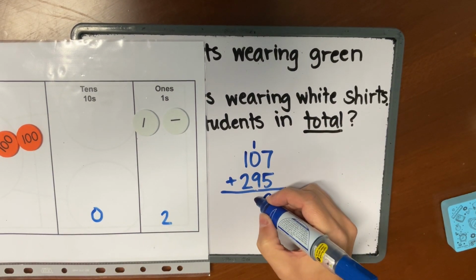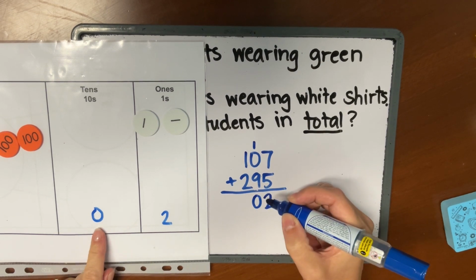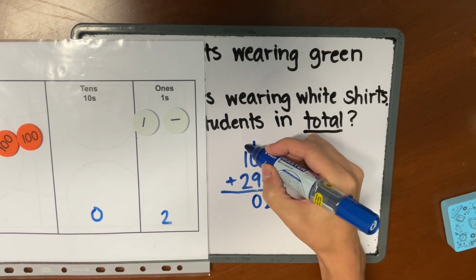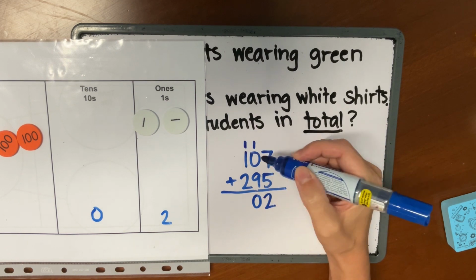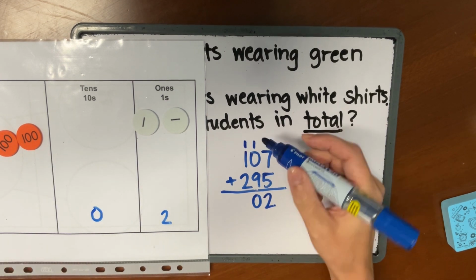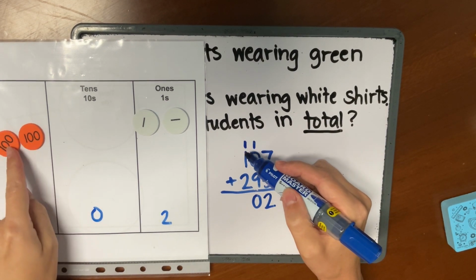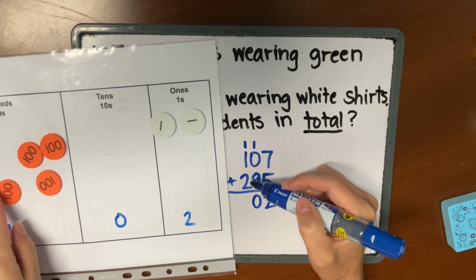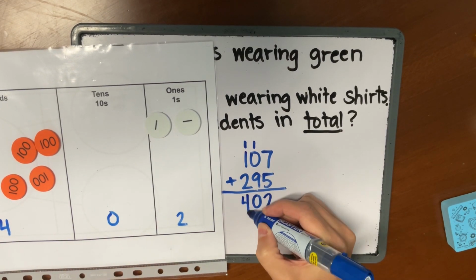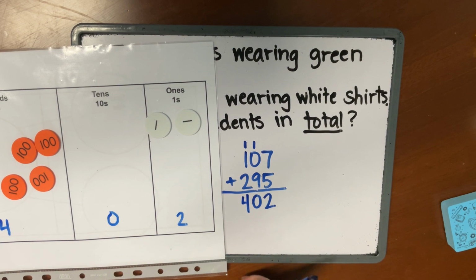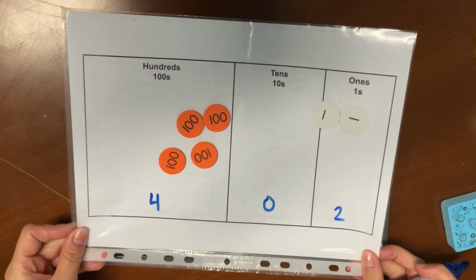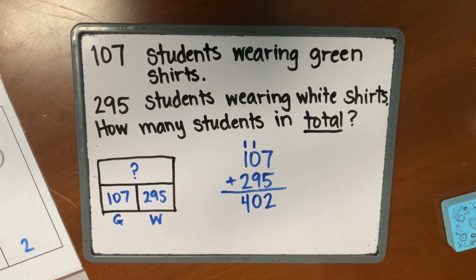So I'm going to go ahead and say now I have 0 10s, and I moved that 100, I had 1 100 I moved over. So now I have 1 100 and 1 100 and 2 100s, which is 4 100s. And I notice 402, 402. I got the same answer again. That way I know I'm accurate.